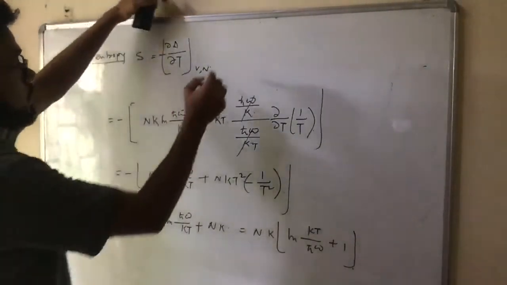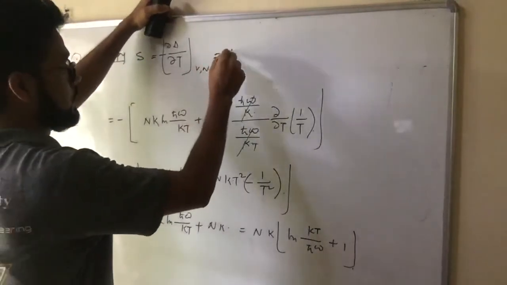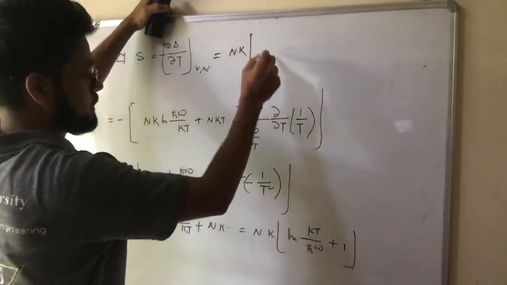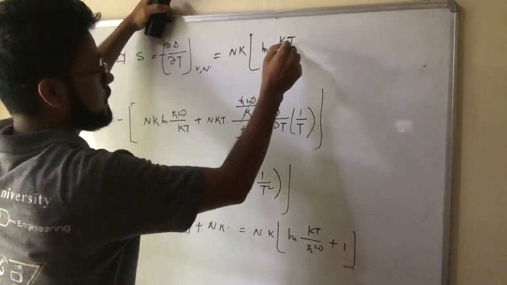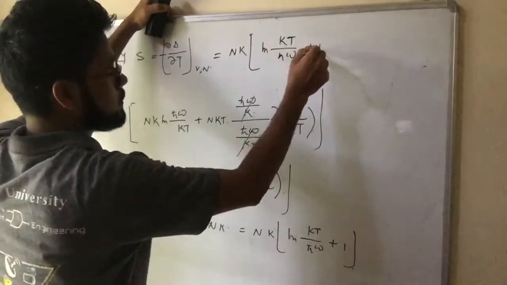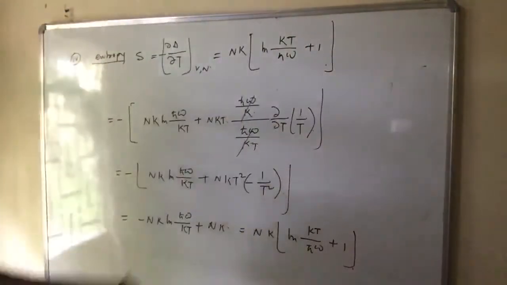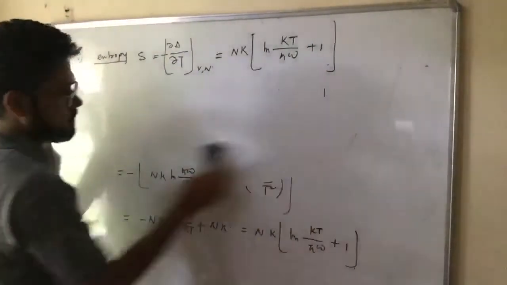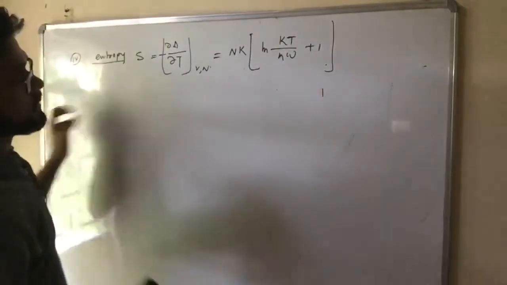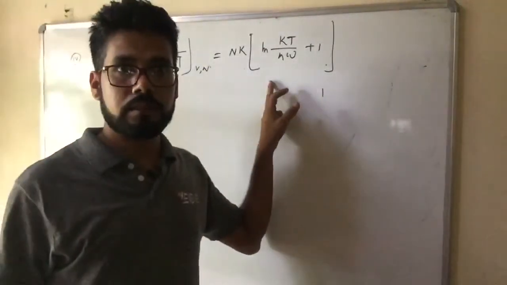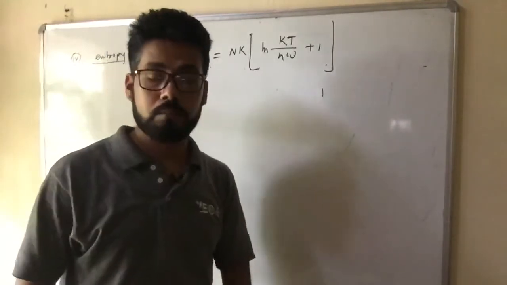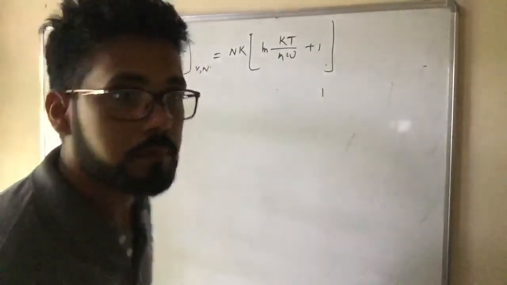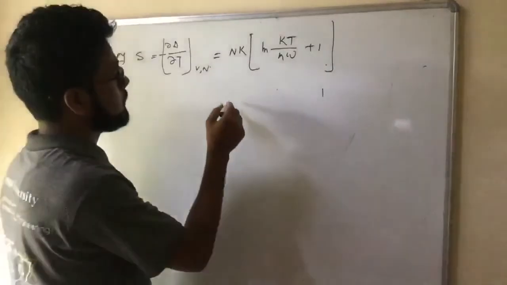So finally what we are getting here, you can write nk[ln(kT by h cos omega) plus 1]. We are getting this value. In books they have put this value directly. In the book you can check on page number 67.